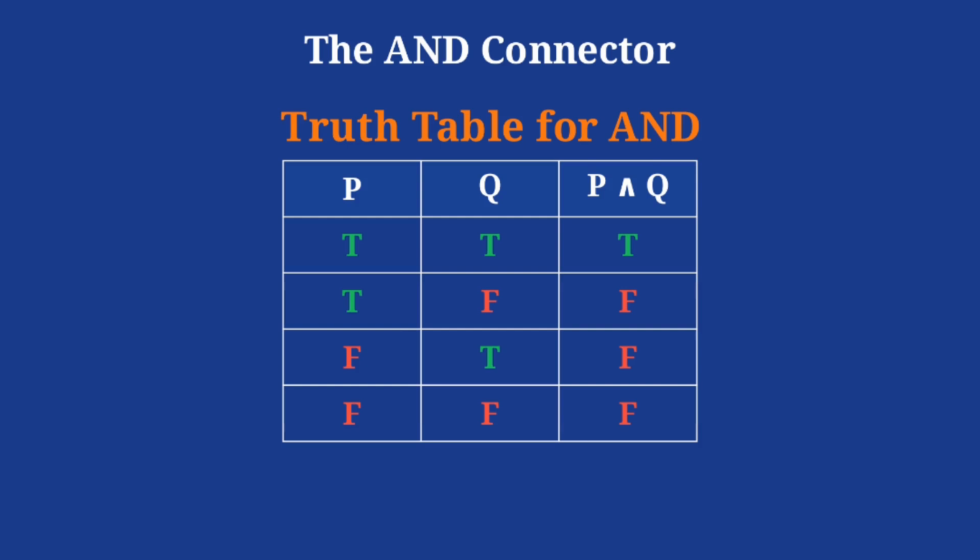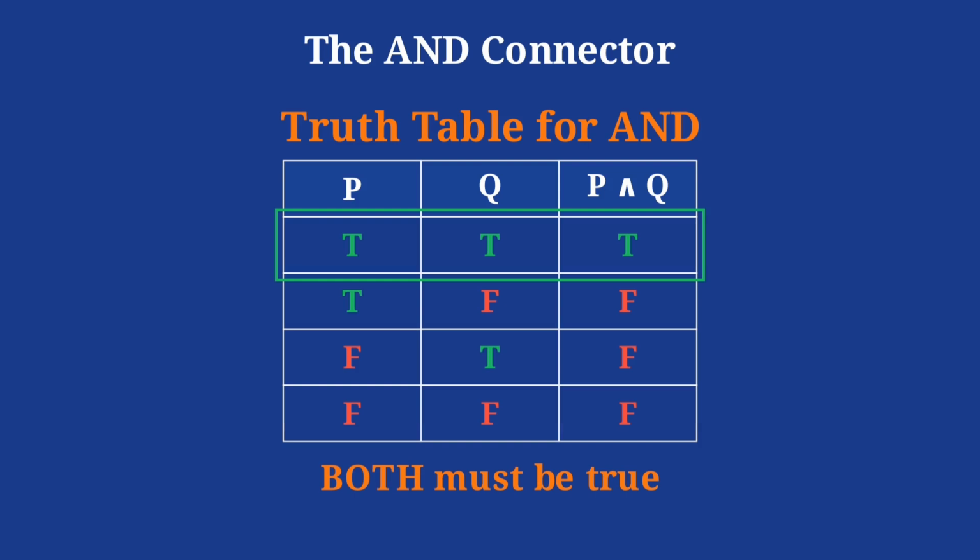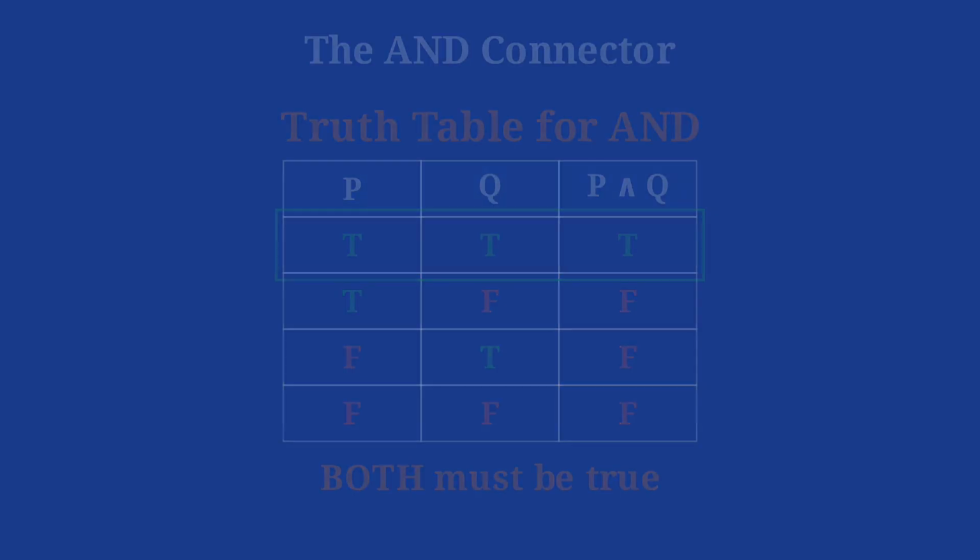If P is true but Q is false, P and Q is false. If P is false but Q is true, P and Q is still false. And if both P and Q are false, P and Q is false. The key insight for the AND connector is this: the combined statement is only true if both parts are true.